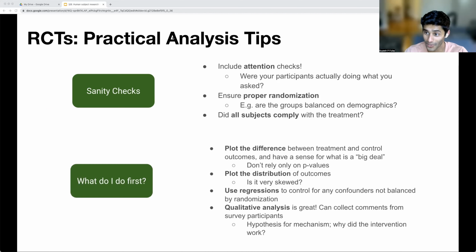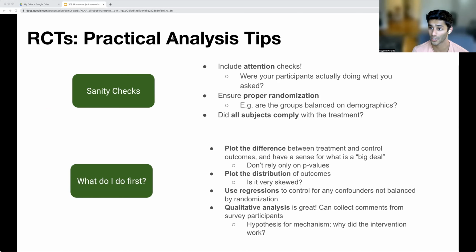And then after you've gotten your results, the next question is, what do I do first? The very first thing you can do that's very simple is just plot the difference between your treatment and control outcomes and try to have a sense for what is or isn't a big deal. So don't rely just on p-values. Again, let's take the productivity effects case as an example.